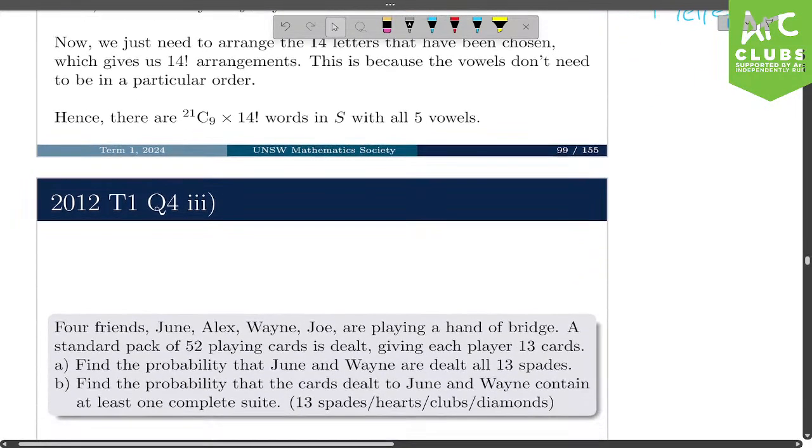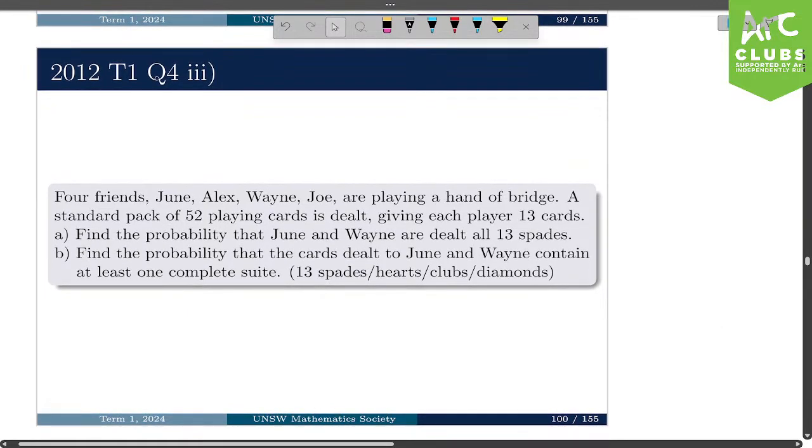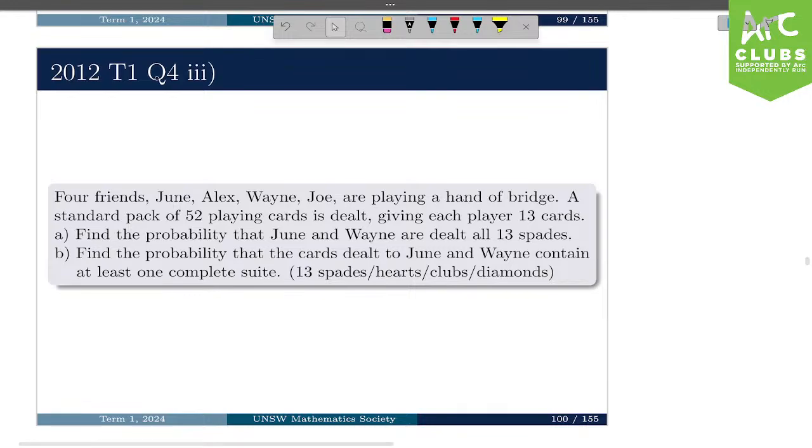Okay. So now let's move on to a different question. 2012 T1 Q4 part 3. So here's the premise. We have 4 friends and they're playing hands of bridge. You don't need to know what bridge is.